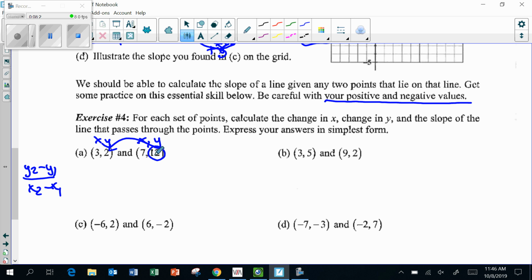So the y's stick with y's. 12 minus 2 over 7 minus 3. 12 minus 2 being 10, 7 minus 3 being 4. And whenever you can simplify, you go ahead and do so. So divide 2 out of each one, this is 5 over 2.